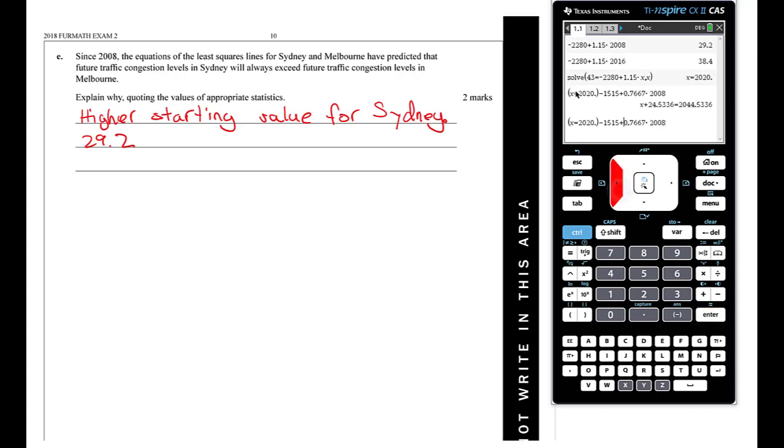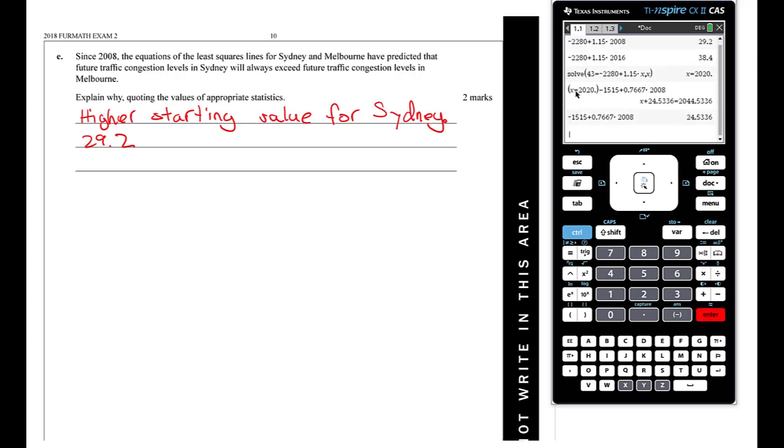I've just got to start using the minus sign, not the actual subtract sign. My bad on that one.